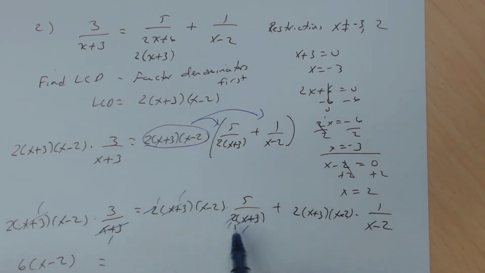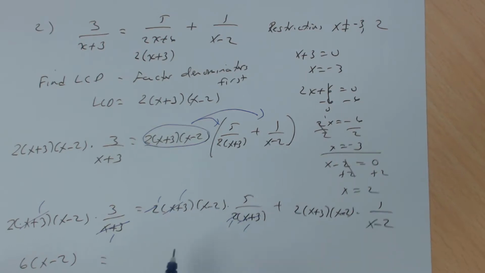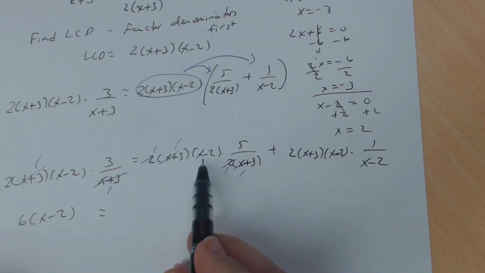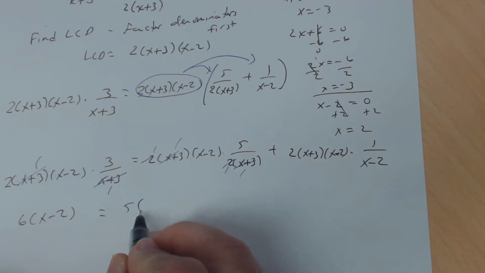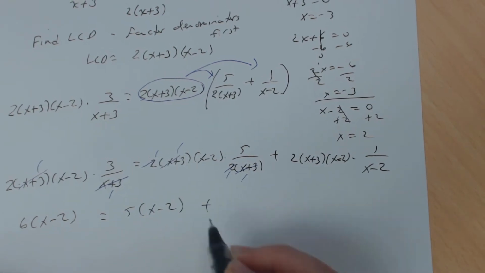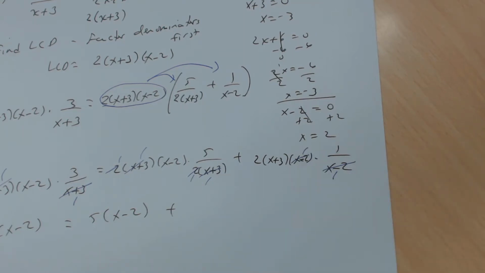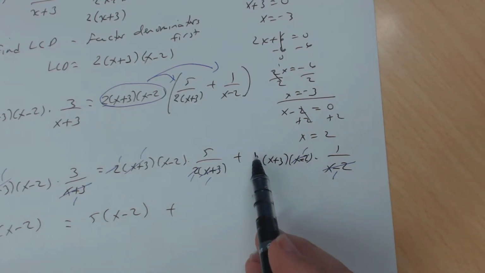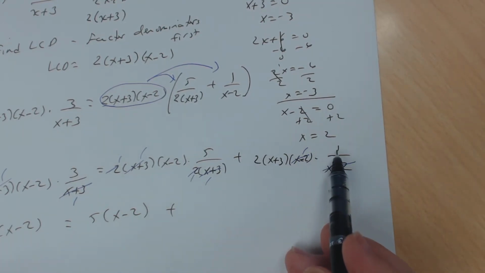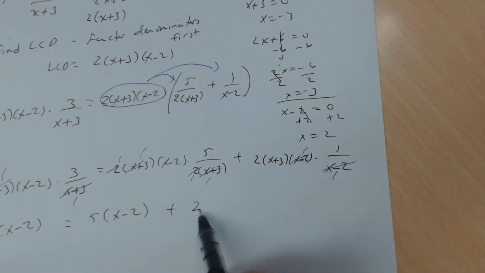That's what you wanted. You wanted 1 down here. And notice what's left. 1 times 5 is 5 times x minus 2. Plus, okay, over here, reduce, the x minus 2's divide out, and you're left with this: 2 times 1 is 2 times x plus 3 in parentheses.